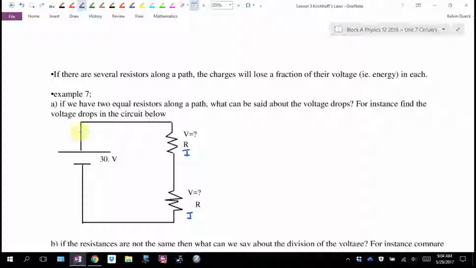Gotta be the same, because the total current is here, total current is here, total current is here. So, I is the same for both. And the question has told me that R is the same for both. So what can you tell me about the voltage? Hey, it'd be cool if there's an equation that had a V, an I, and an R in it. There is. Ohm's law.